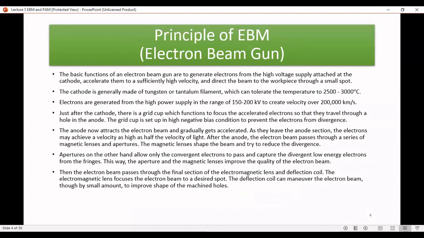Okay, the principle of it is basically that the electron beam gun generates the electrons from a high voltage supply attached to the cathodes.